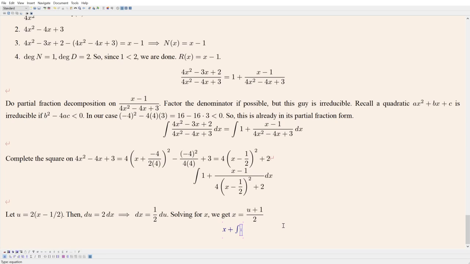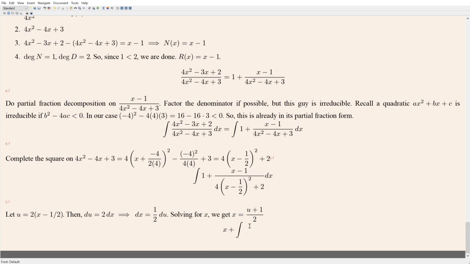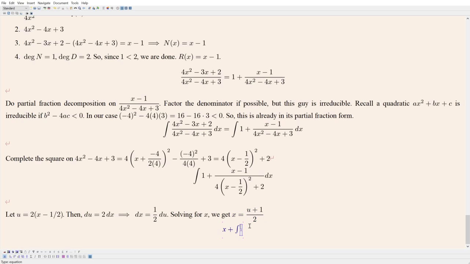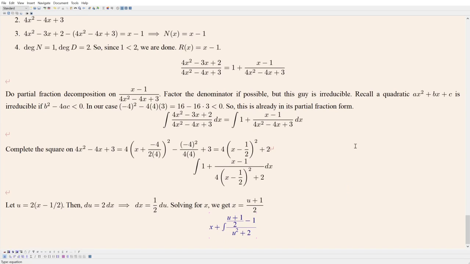So in the numerator, we have x minus 1 like so. And in the denominator, we now have u squared plus 2. Okay, and then instead of dx, we're going to write 1/2 du.